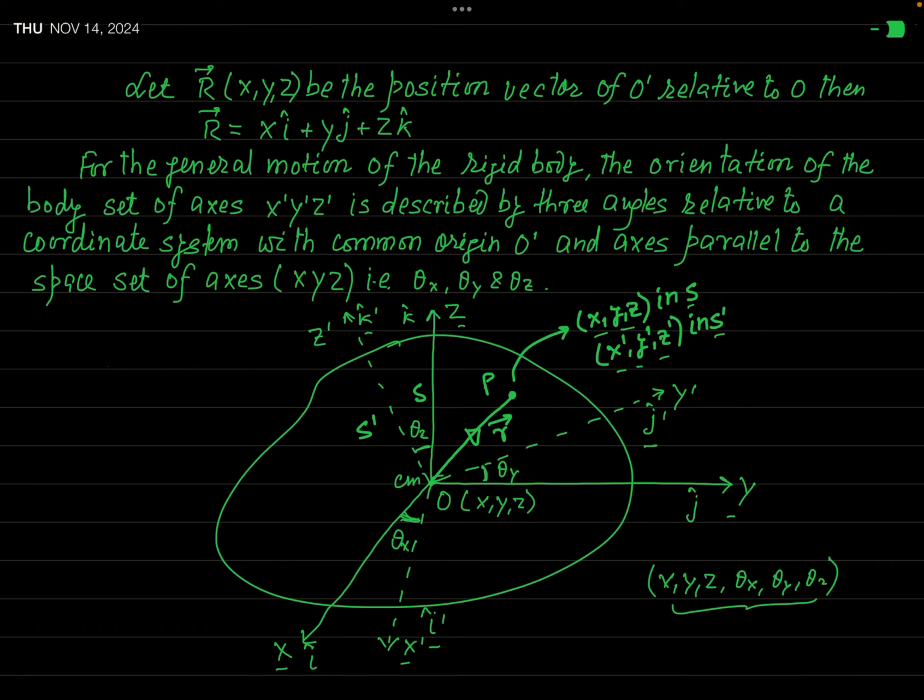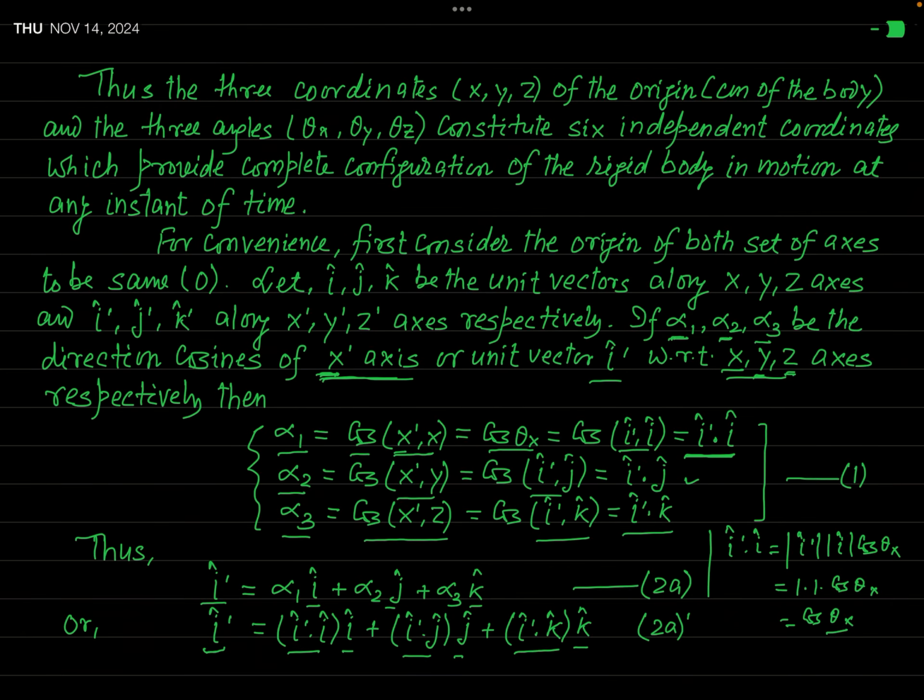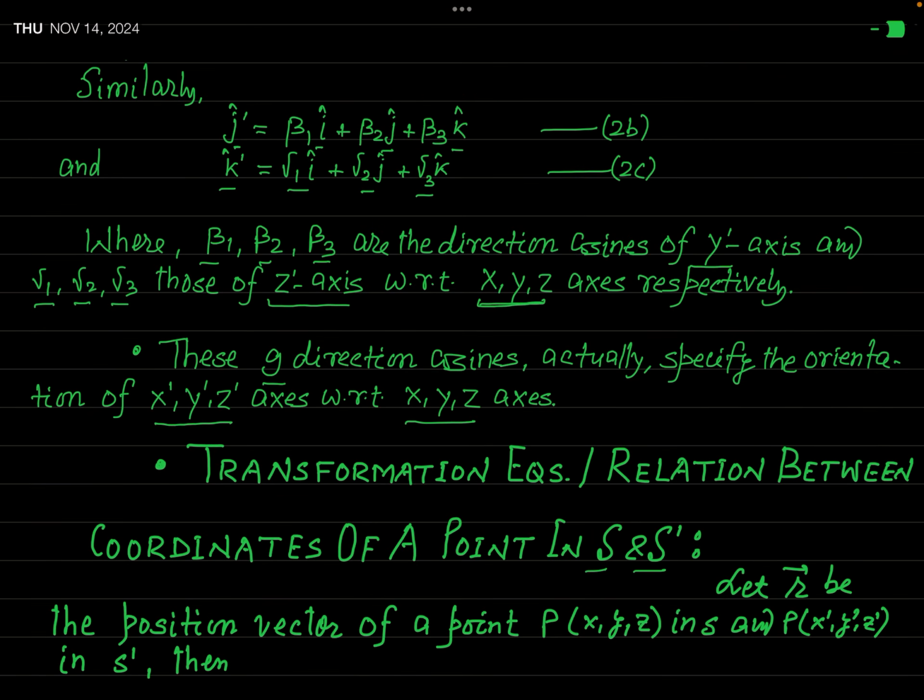It means if x, y and z are known, how can we express x prime, y prime and z prime in terms of x, y, z? And the converse is also true. You can also express x, y, z in terms of x prime, y prime and z prime. Actually, those equations are called transformation equations. So now let us try to find x prime, y prime, z prime in terms of x, y, z. How can we find it? Let us see.